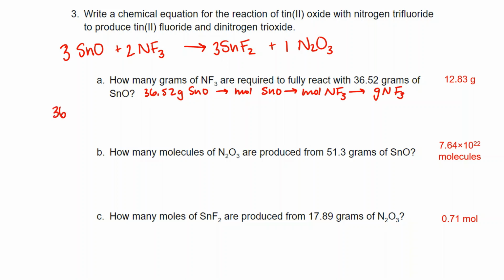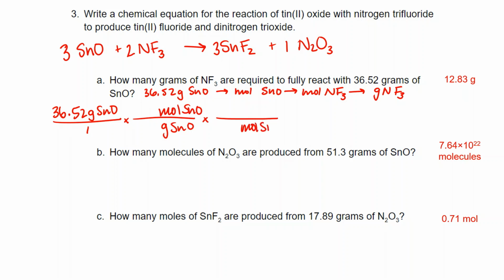So starting with my 36.52 grams of SnO, my first step is going to be to convert grams of SnO into moles of SnO. Then my next step is to change moles of SnO into moles of NF3.